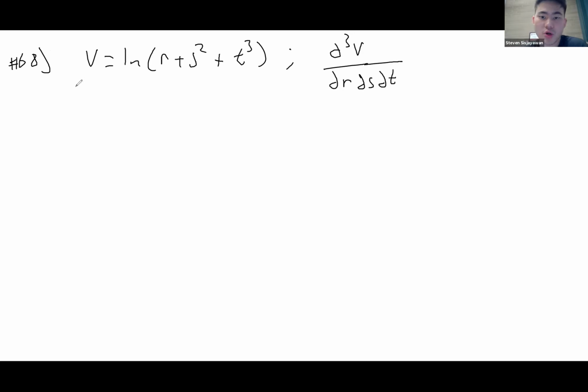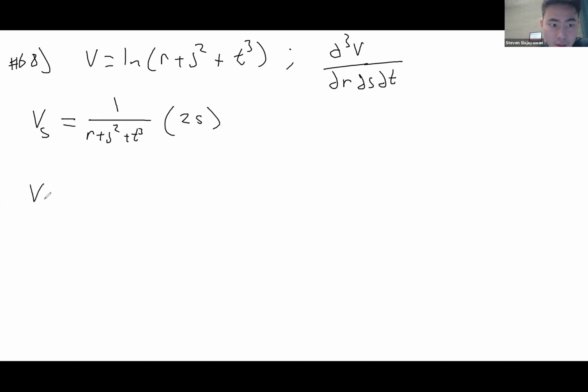I'm going to start off by taking the first partial derivative, so I'm just going to do Vs first. Vs is going to give me 1 over (r plus s squared plus t cubed), multiplied by, treating r and t cubed as constants, 2s right there.